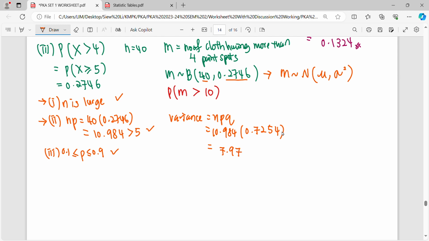Give more decimals, because this is just the beginning of the question. After that, later we need to minus something like this. 7.96.